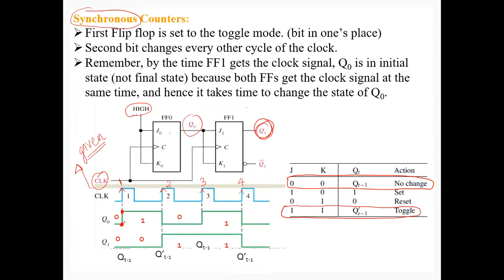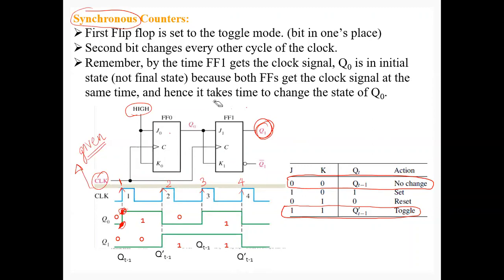So do you take this guy or this guy? That's what I'm asking. Do you consider Q0 to be 0 or 1? This or this? 0. Why? Because it's the value that the second flip-flop would have first in that next clock time. Exactly, exactly. That's a very good answer.